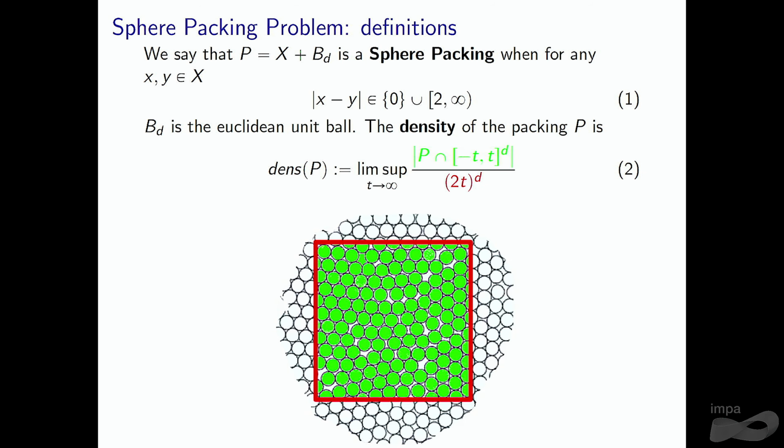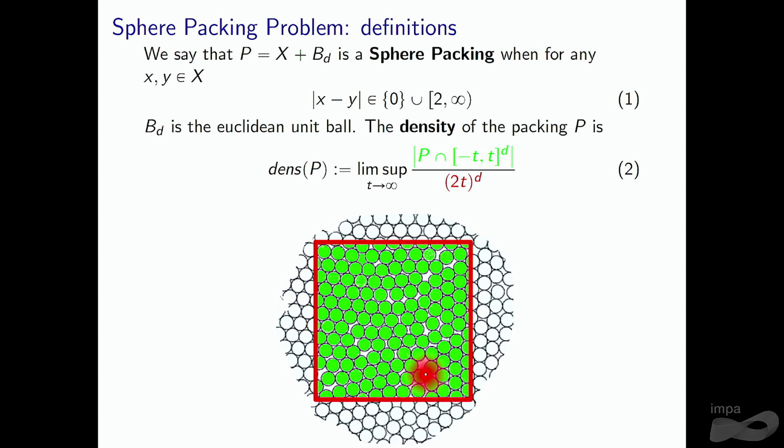And you define the density of a packing the following way. So you will have your packing, a collection of unit balls. You take a d-dimensional hypercube centered at the origin, [-t, t]^d. You intersect this hypercube with your packing, with your balls.